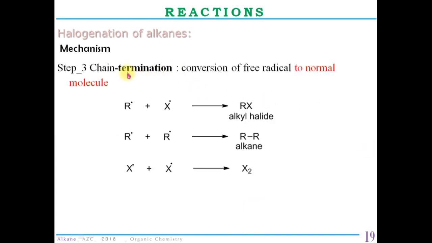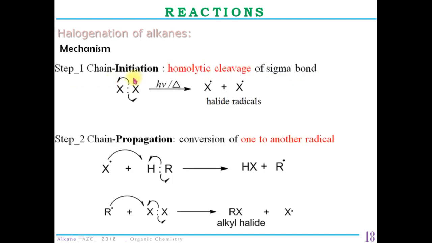Third step, that is chain termination reaction, which is conversion of free radical to normal molecule. If you see in our previous slide, chain initiation reaction gives normal molecule to radicals. Propagation means conversion of one radical to another radical, that is we have halide radical as a reactant, and when we get a product we have alkyl radical. Over here alkyl radical to halide radical, so it's a propagation.